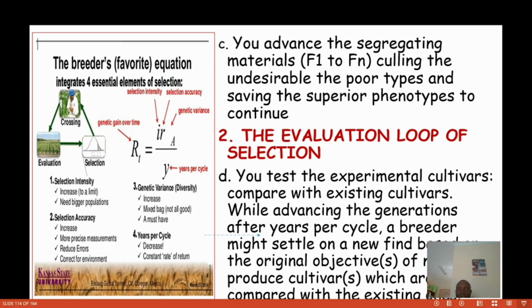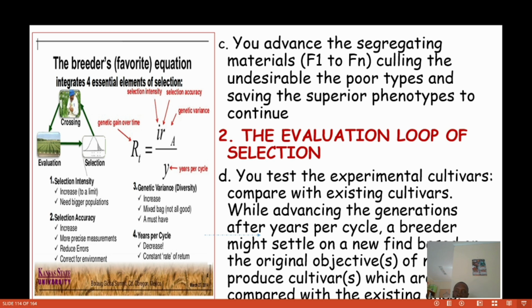And the flowers will now have the pollen to cross, and then you have F2 seed. Are we together? Alternatively, look at this one.